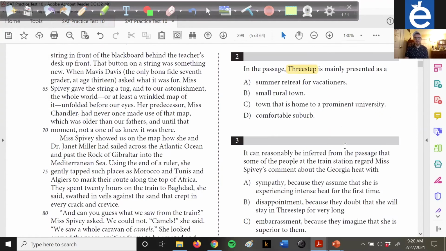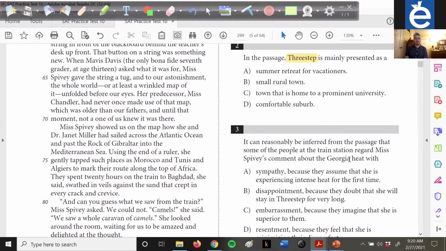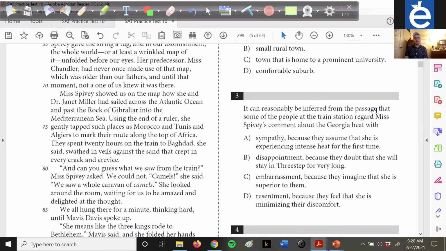Now let's look at our line questions, give ourselves some more context here. So it can reasonably be inferred from the passage, and remember, we're looking for key words here, that some of the people at the train station regard Miss Vivi's comment about the Georgia heat with, okay, so it has to be about the people at the train station, and it has to be about how they think or feel about Miss Vivi's comment about the Georgia heat.